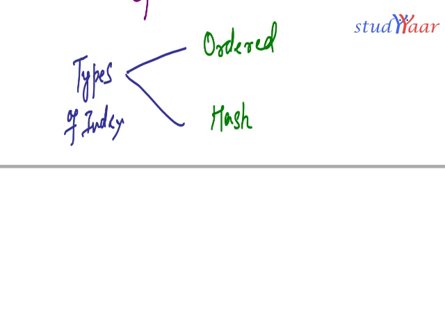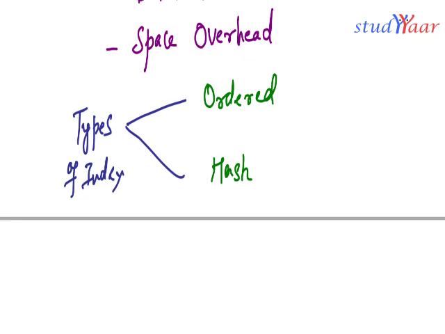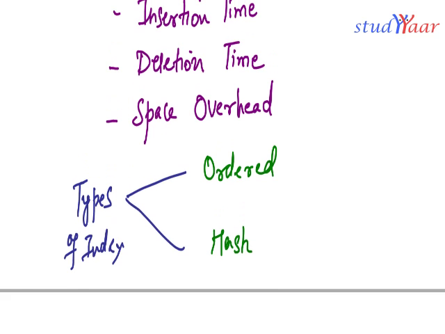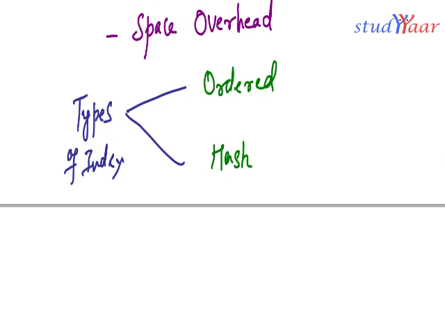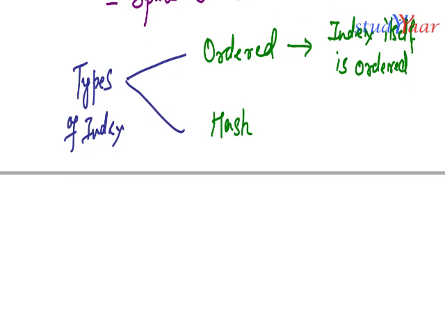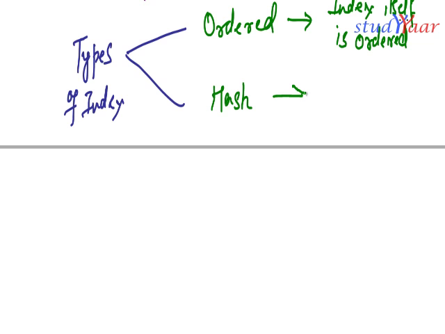A hash index is the one which is created via a hash function, while an ordered index is the one which is created for a file in which the records are ordered in some particular way, and the index itself is ordered with respect to search key values. Here we use the hash function.